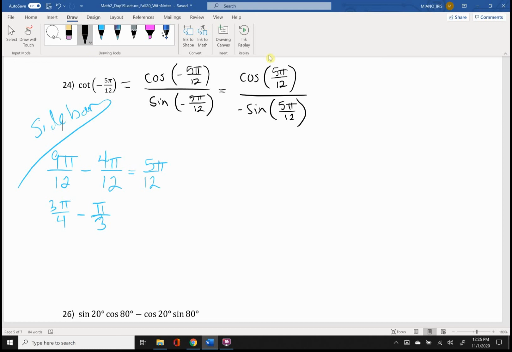Okay, so now that we know what we're doing here, I'm going to rewrite this as cosine of 3 pi over 4 minus pi over 3, over a negative sine of 3 pi over 4 minus pi over 3. So we're going to use our difference formulas, and it's going to get quite messy here, but it's nothing we can't handle.